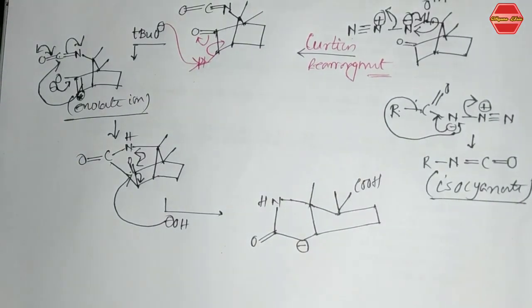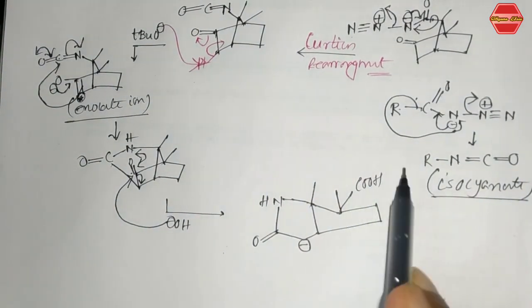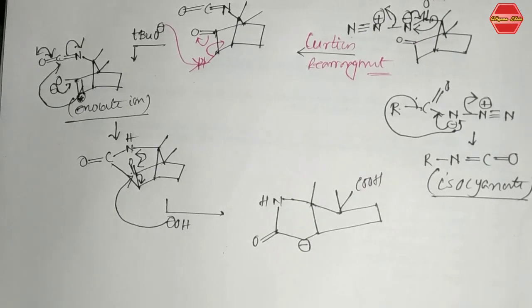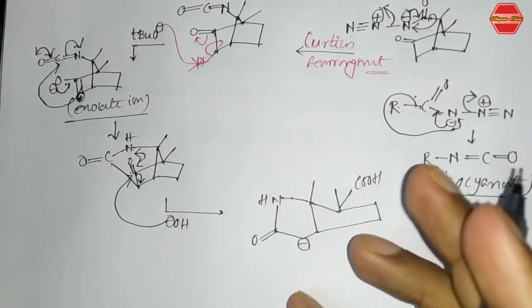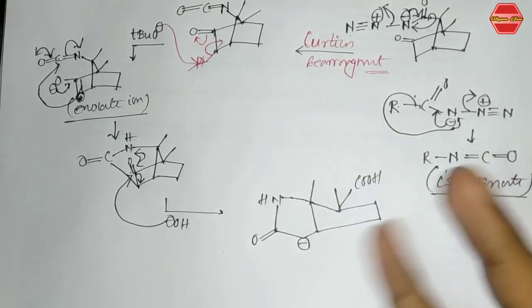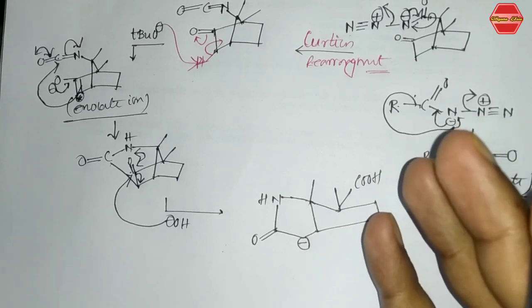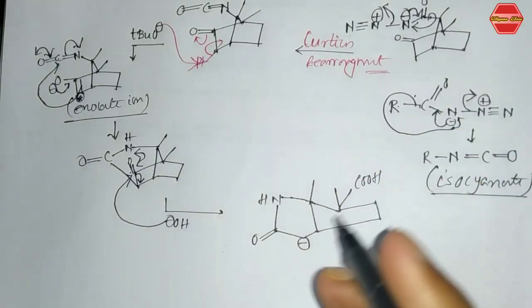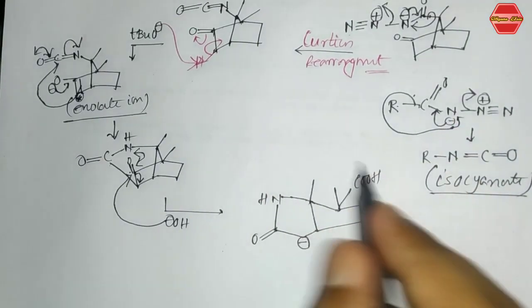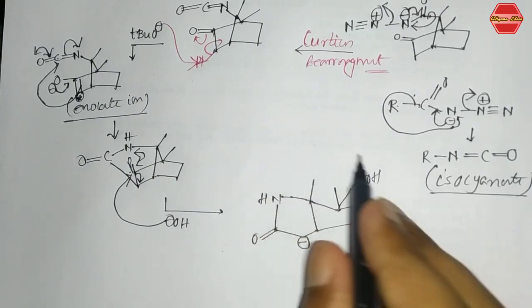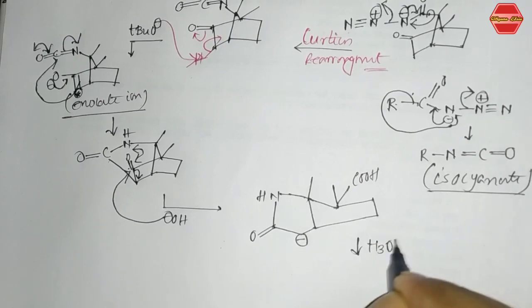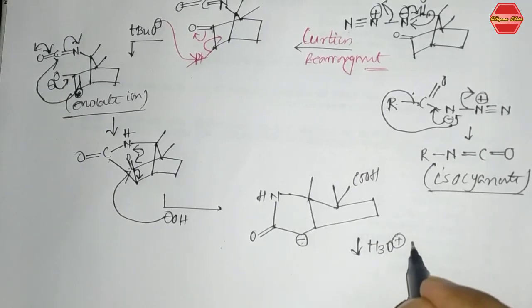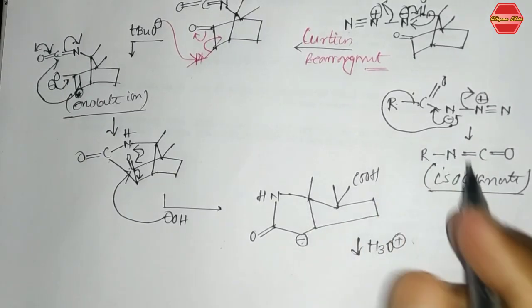Now see, this CO2H generally goes to the back side, and the methyl group goes to the upper side. And why is the CO2H in the backside and the methyl in the upside? It is just because of this; you have to predict the stereochemistry from here. So when we use H3O plus, it generally takes a proton from here, and you get the product.